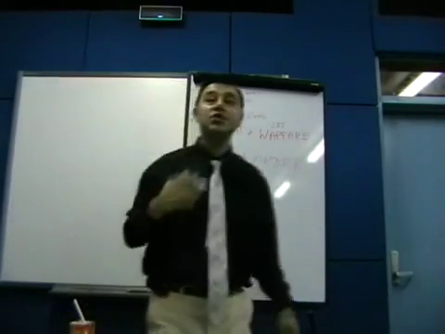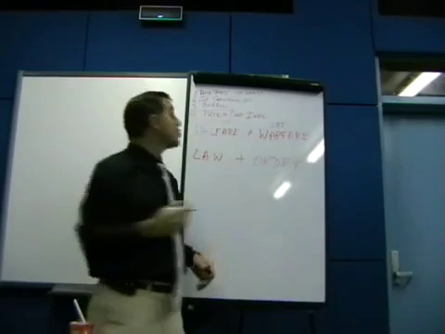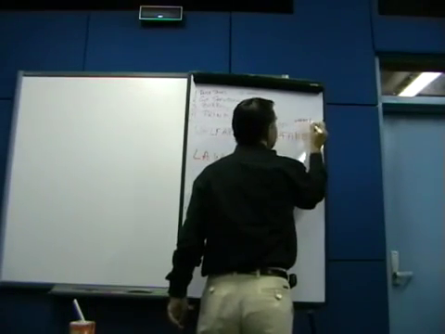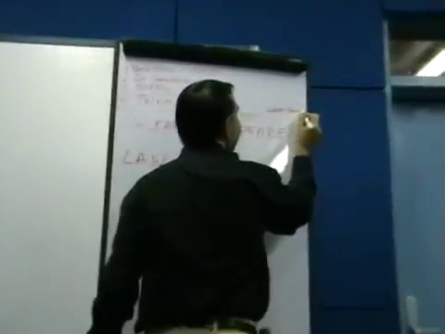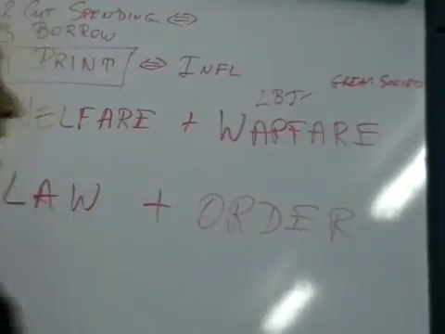LBJ is Lyndon Johnson, president in the 60s, who wants to create the Great Society. What does Great Society mean? Great Society means a lot of welfare spending on a lot of people for a lot of things.